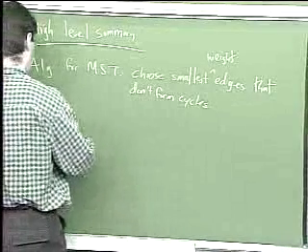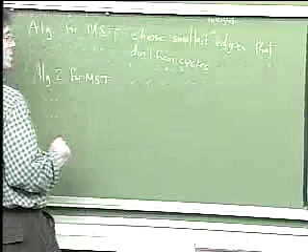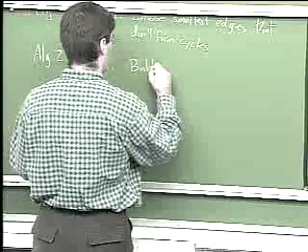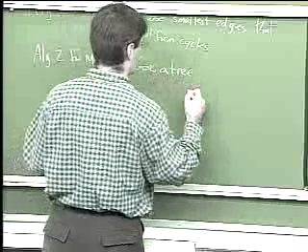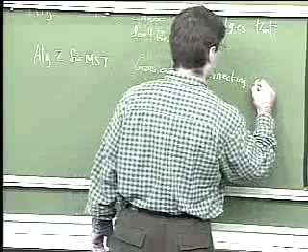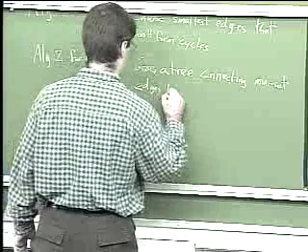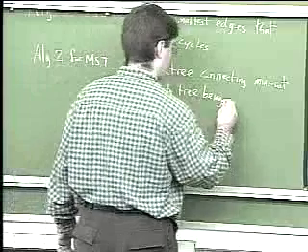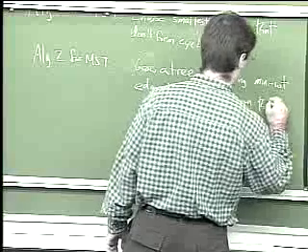Algorithm 2 for minimum spanning tree was build a tree, or I should say grow a tree, connecting minimum weight edges to the tree being grown that don't form cycles.